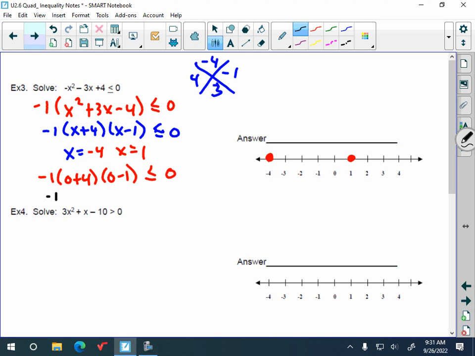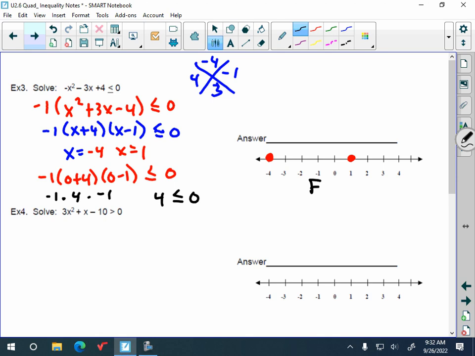So negative 1 times 4 times negative 1. So negative 1 times 4 is negative 4. Negative 4 times negative 1 is positive 4. So is positive 4 less than or equal to 0? Is 4 smaller than 0? No, 4 is bigger than 0, right? So that's false. So this area is false. 4 is not smaller than 0.